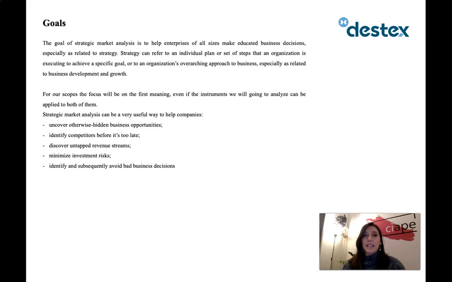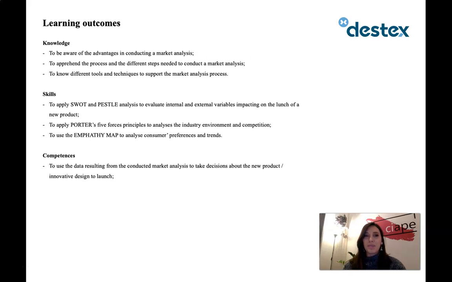Strategic market analysis can be a very useful way to help companies uncover otherwise hidden business opportunities, identify competitors before it's too late, discover untapped revenue streams, minimize investment risks, and identify and subsequently avoid bad business decisions.